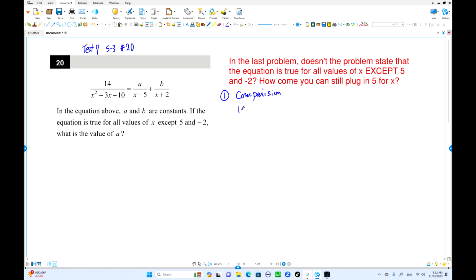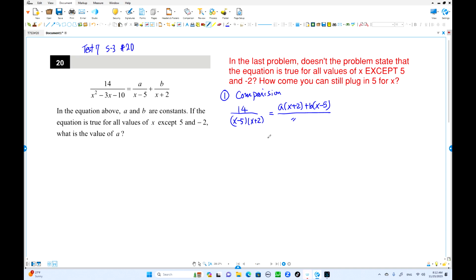So numerator, take a look. 14 over (x minus 5)(x plus 2), right-hand side a times (x plus 2), okay? And b times (x minus 5), with a common denominator still (x minus 5)(x plus 2), okay?